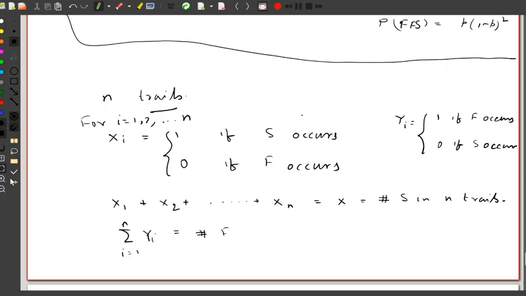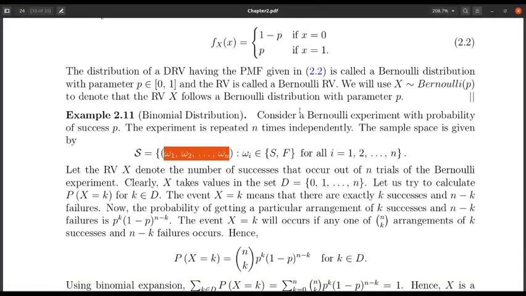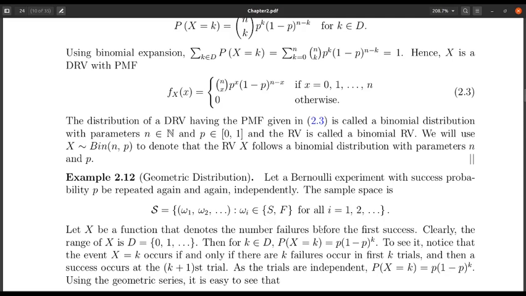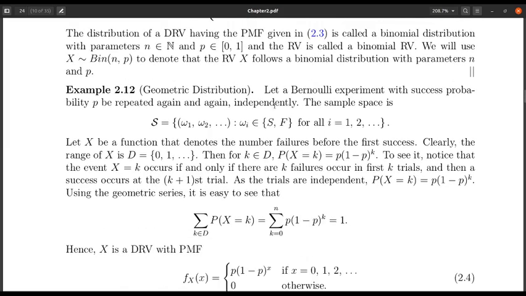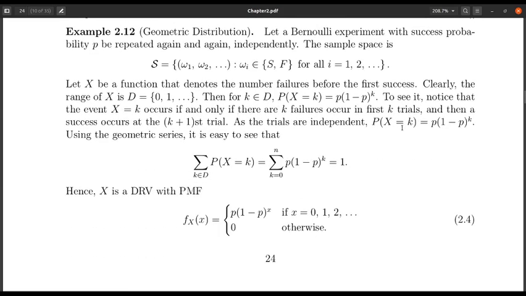Okay, so let us discuss the next distribution, which is called the geometric distribution. Geometric distribution again comes from the Bernoulli experiment. In the case of the binomial distribution, we do a finite number of Bernoulli trials.